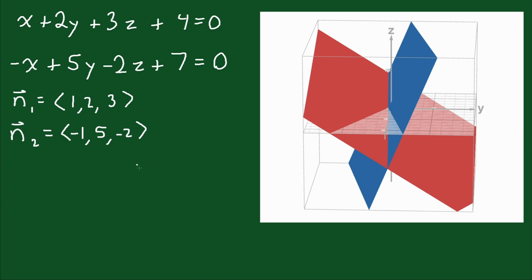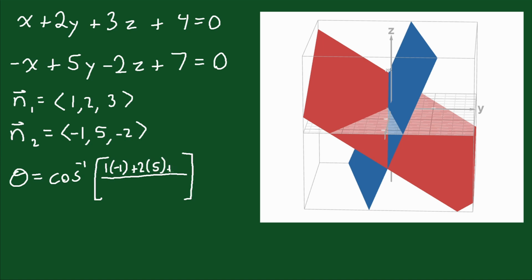I can then plug my information into my equation. Remember, the equation is theta equals cosine inverse. You have a bracket here. On the top of the fraction, you have the dot product between these two. I think we can just do the dot product directly: 1 times negative 1 plus 2 times 5 plus 3 times negative 2. Fit it in there like that.